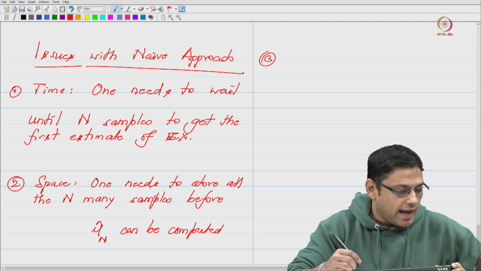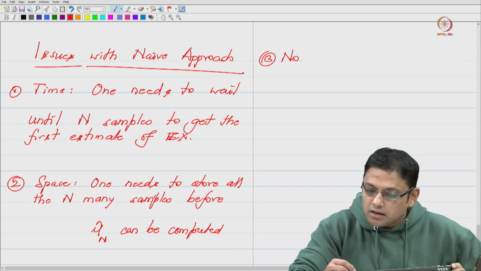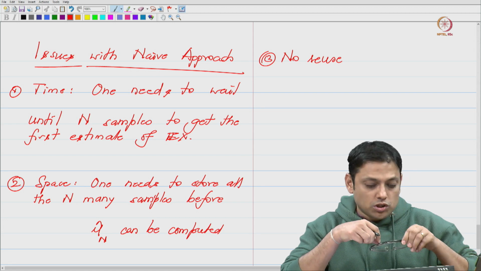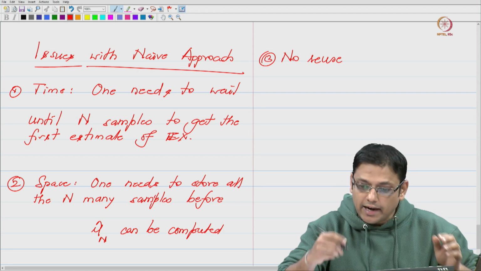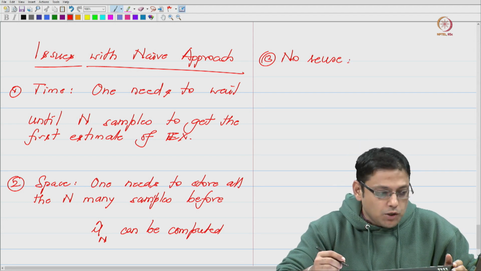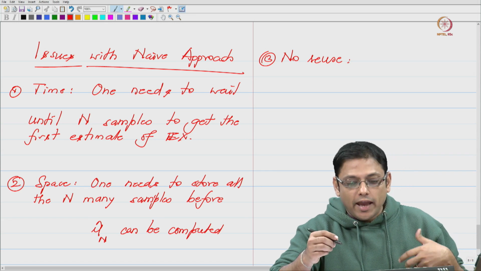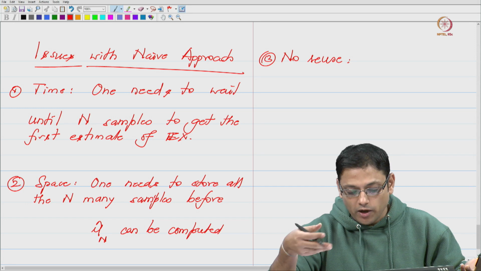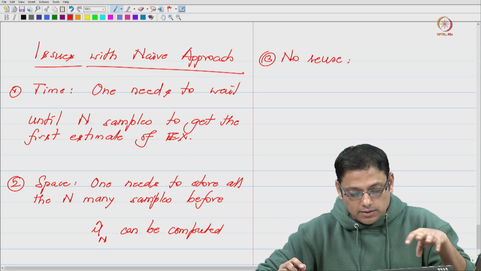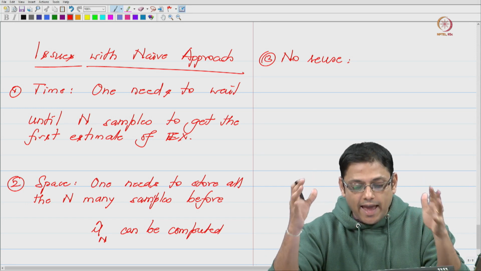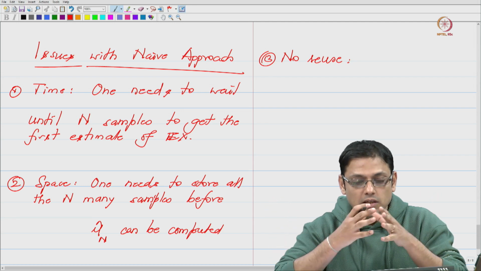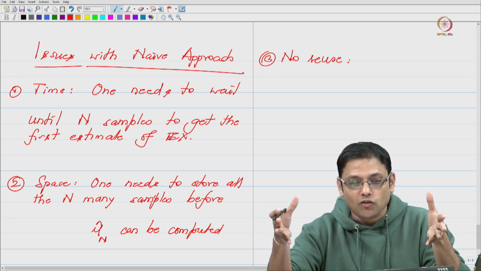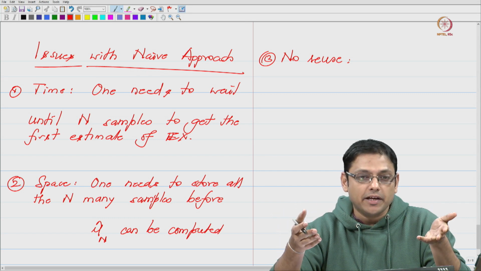And the third aspect is that this is a really inefficient approach to do the calculation, in that we do not make use of any of the previous computations when new samples become available. For example, let's say n was 1000, so we had 1000 samples, and the naive approach suggested taking the average of those 1000 values to get an estimate of the mean.